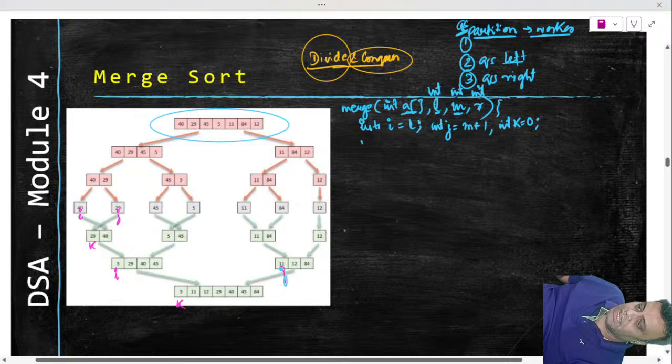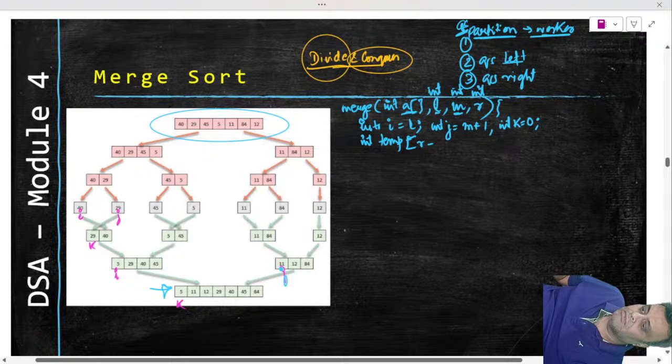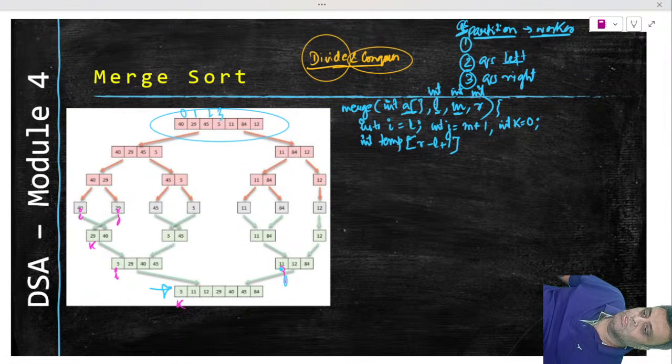And I will take a temporary array. This is a new array we have to create. So we have to create a temporary array, and the temporary array size will be very simple, R minus L plus 1. So in our case, this is 0, 1, 2, 3, 4, 5, 6. My left is 0, my R is 6. So 6 minus 0 plus 1 will give me 7.